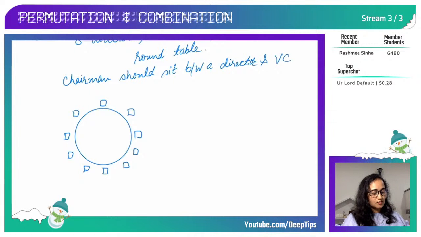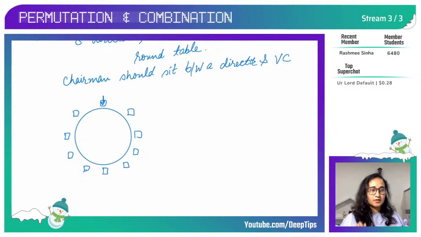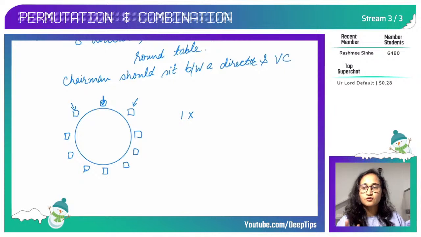Children, let's fix the place for chairman. I am fixing it here. So this place is fixed for chairman. If suppose chairman sits here, then vice chairman can either sit here or here, correct? So he has 2 places to choose from.